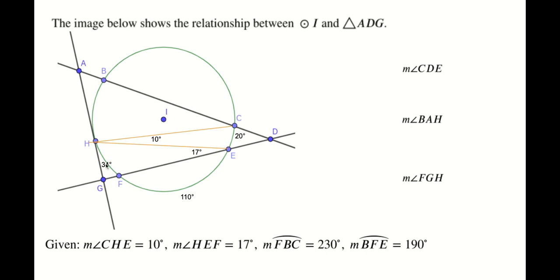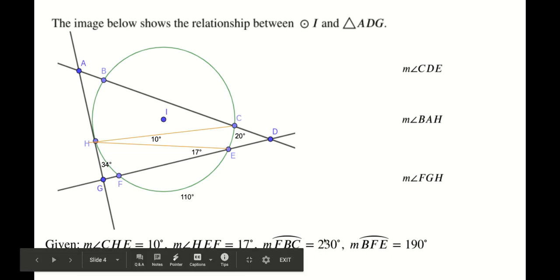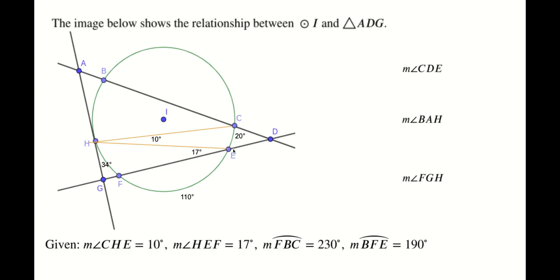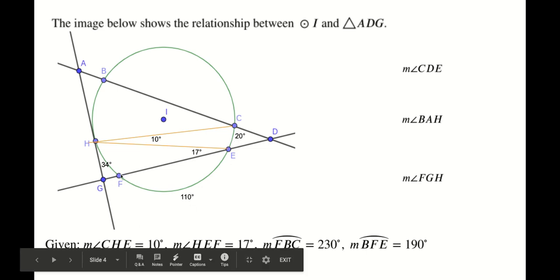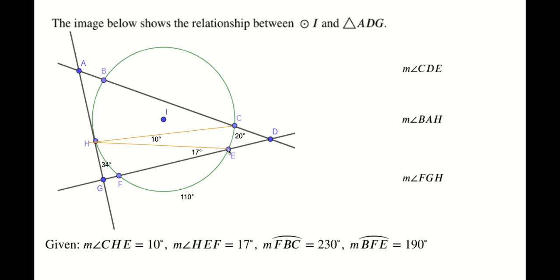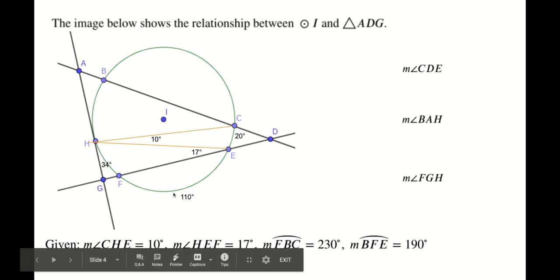So that 34 is within that 230. I can also add on that 20, which makes it 250. So from F all the way around to E is 250. I know a circle is 360 degrees. 360 minus 110, minus 250 is 110.